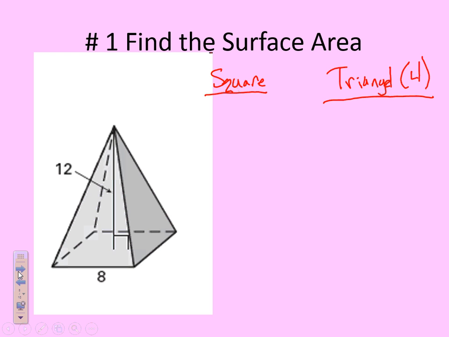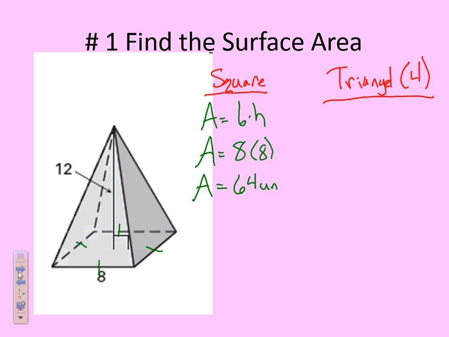So to find the area of our square, all we have to do is take base times height. And if I look at this, our square, all the sides are going to be the same. So if one side is 8, the other side is going to be 8. So our base is 8 and our height is 8. So the area of our square is 64 units squared. So that is out of the way for us.